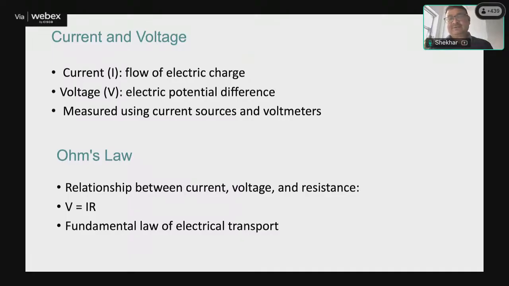We apply electric field in terms of a current, and we measure the voltage difference. Then we apply Ohm's law and calculate the resistance. Then we convert it into resistivity. Resistance and resistivity, I will tell you more detail about them.